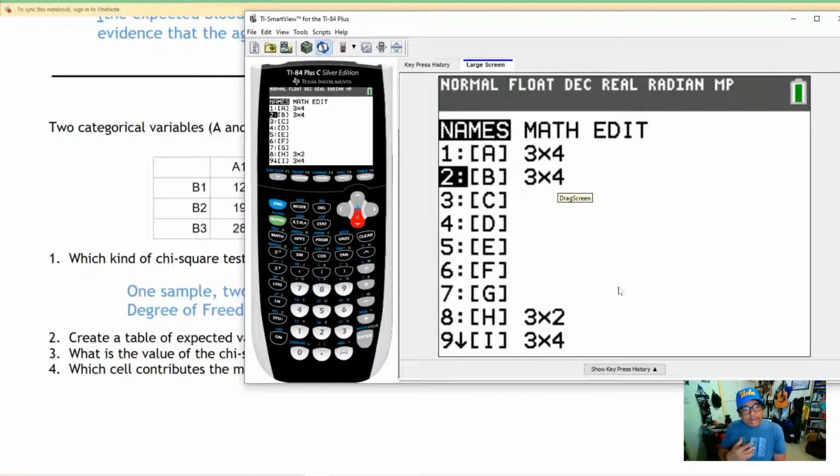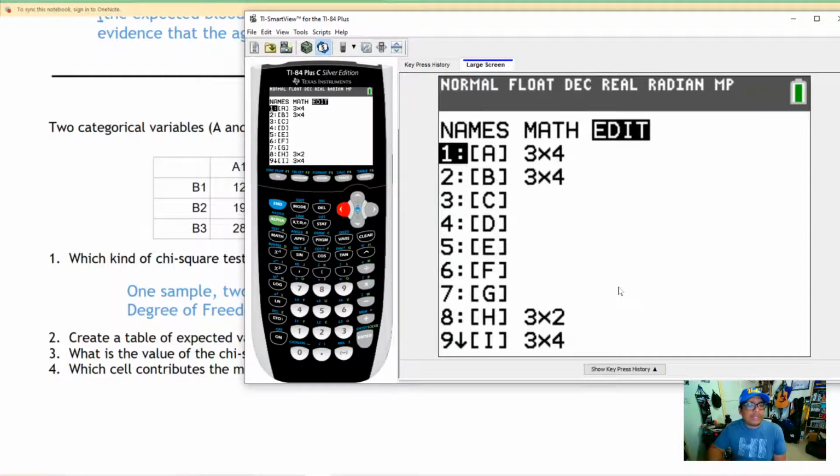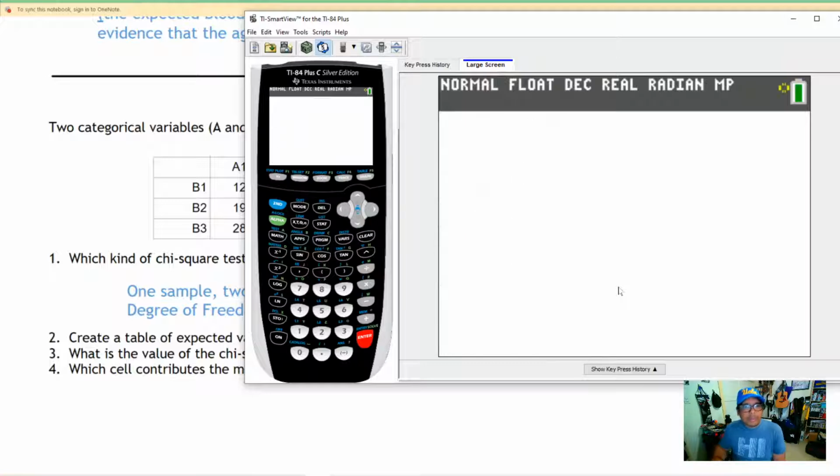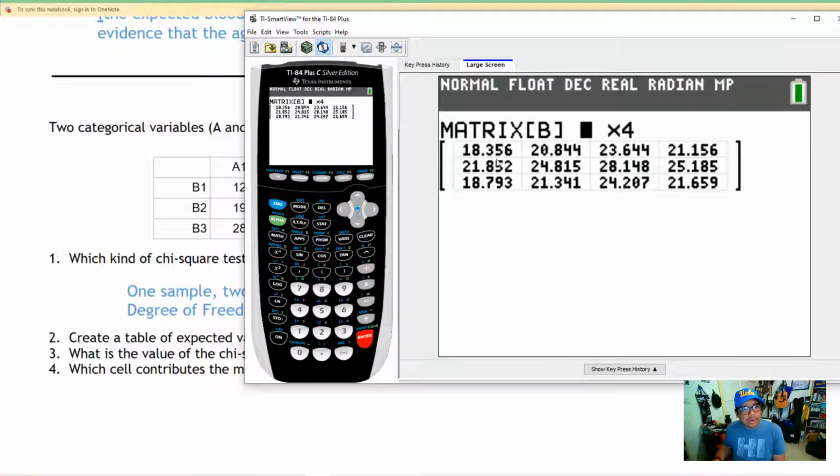So the calculator has manipulated or overwritten matrix B with the matrix that is the expected matrix. As always, I like to go to Edit because I don't feel so rushed here, and here are all of the values for the expected matrix.